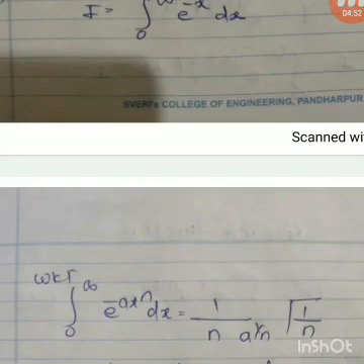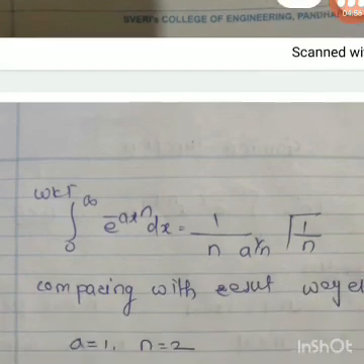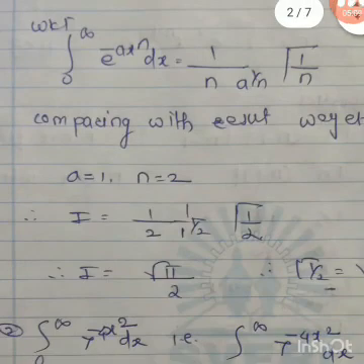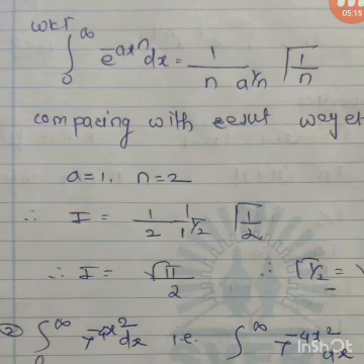First write down the result as it is. Next, comparing with the result, a is equal to 1, the coefficient of x, and n is equal to the power of x, that is 2. Put all these values in the result: 1 upon 2, 1 raised to 1 by 2, and gamma half. As we know that gamma half is equal to root pi, and 1 raised to half, that is 1 raised to anything, is again 1, divided by 2. This is our answer, root pi by 2.